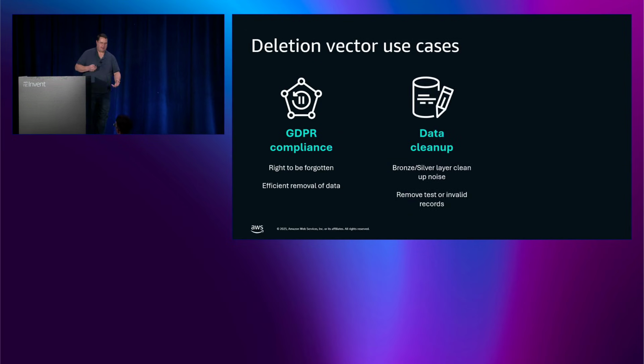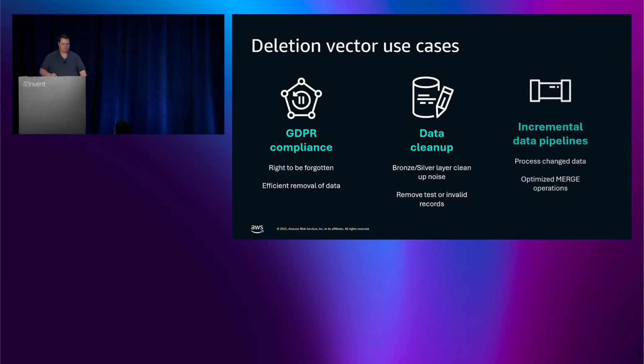Another one is data cleanup. So we see people using a medallion-style architecture, bronze, silver, gold, where your bronze is more of a raw staging area. You're going to land a lot of data. There's going to be maybe a lot of noise around that data. You're going to want to do a lot of data cleanup on that bronze layer. So that's where, again, deletion vectors can come into play and aid in the write speeds for those data cleanup operations that you do.